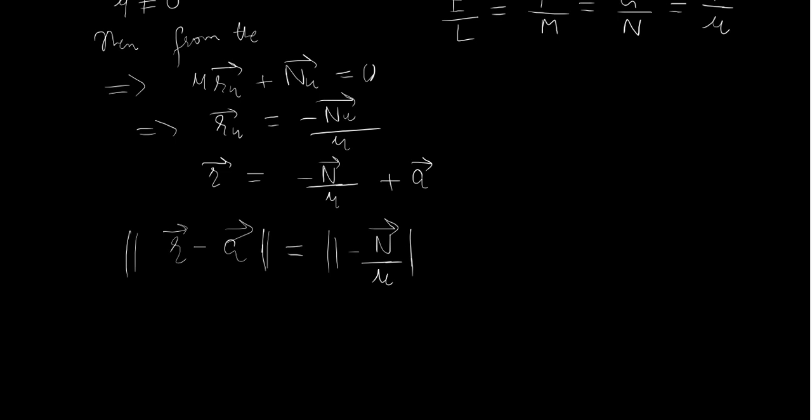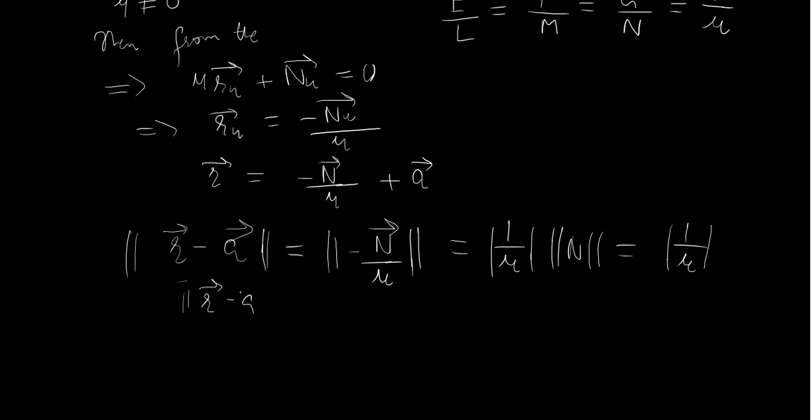So that would be mod of 1 by mu into norm of n, which is equal to mod of 1 by mu, where mu is a constant, a number, and a is a fixed vector. Now this is an equation of the type length of r minus a is equal to some number, a constant, a non-negative number, which means only one thing, that r is part of a sphere.